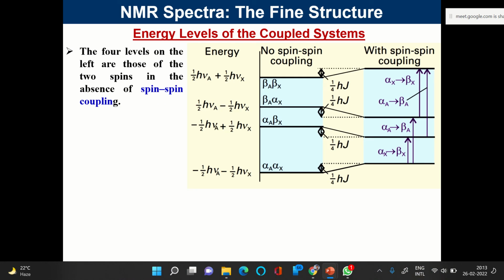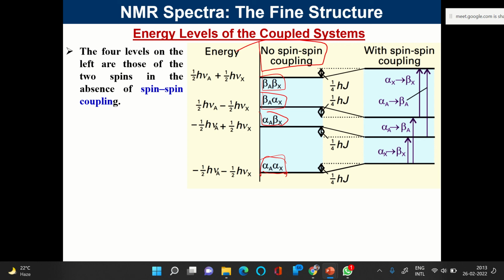So in case of no spin-spin coupling occurring, then we can have alpha A alpha X, alpha A beta X. So these are the four energy levels that we can think of.